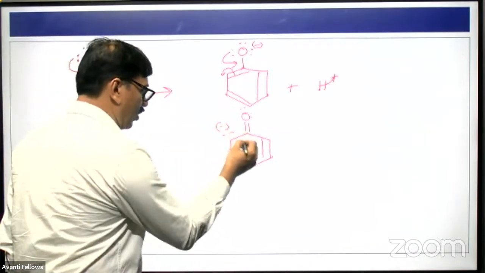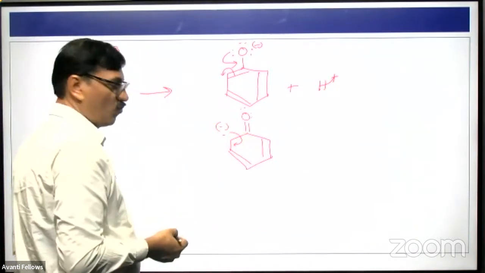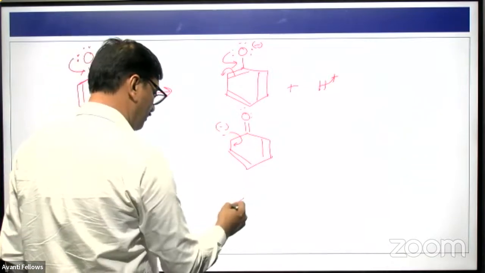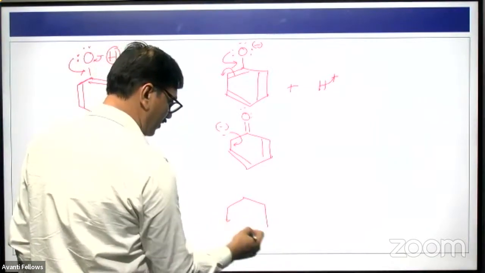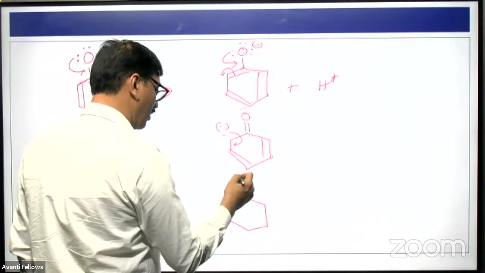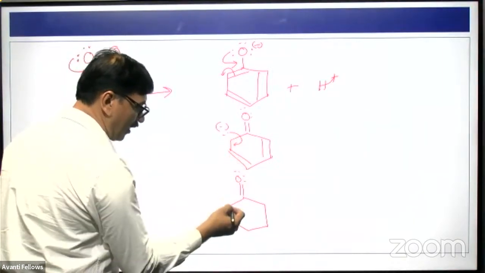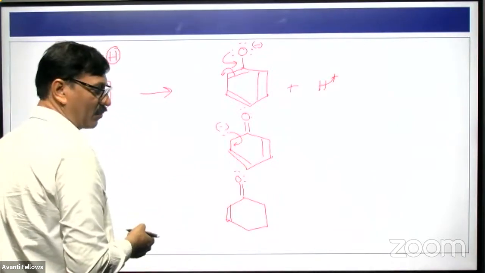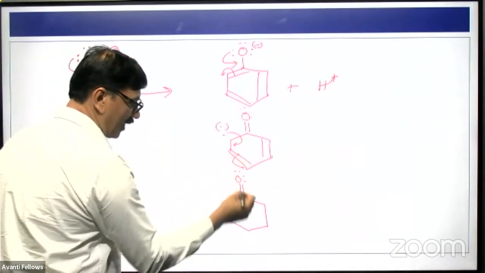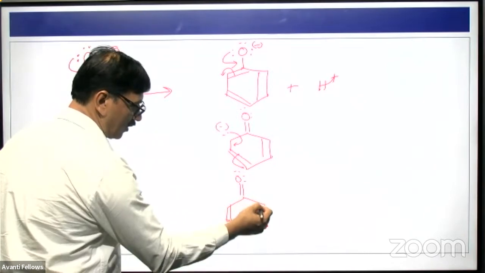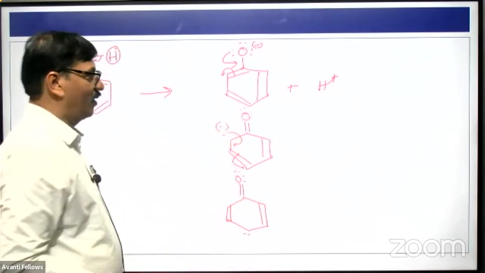Again, these electrons will come to form a double bond. Therefore, what happens is this is a double bond, and these electrons are involved in forming a double bond here, carbon-carbon double bond. These electrons will stand over here. Okay, this double bond remains as it is.